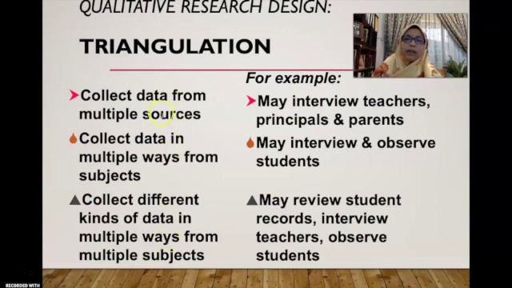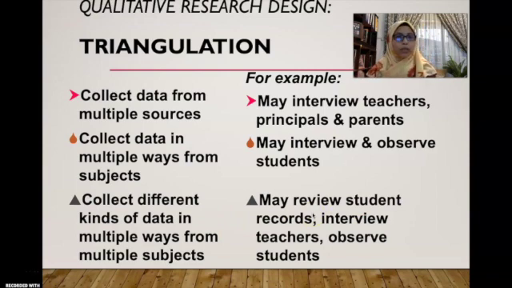So if you collect data from multiple sources, you may interview teachers, principals, and parents. You collect data in multiple ways from a subject: you have interviews, and you observe the student, from one subject but with different data collection methods. And in this case, collect different kinds of data in multiple ways from multiple subjects. You review student records, interview teachers, observe students.